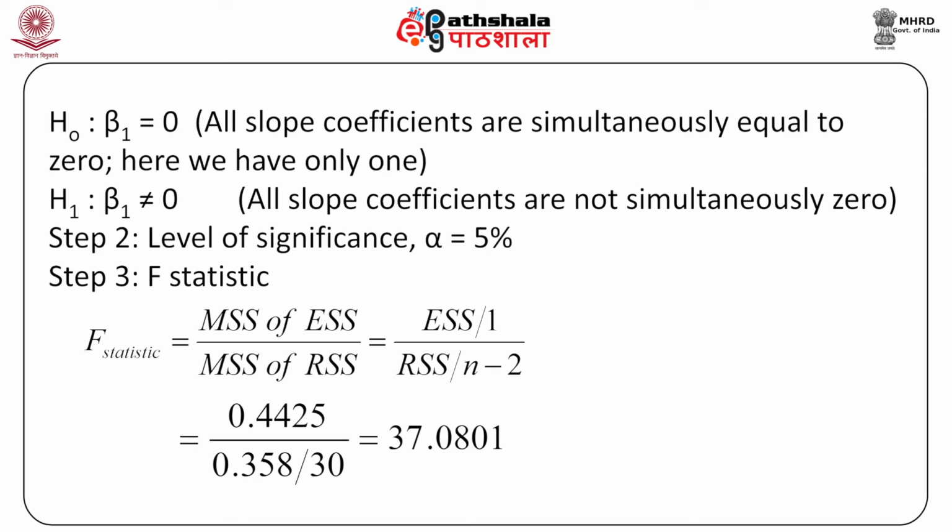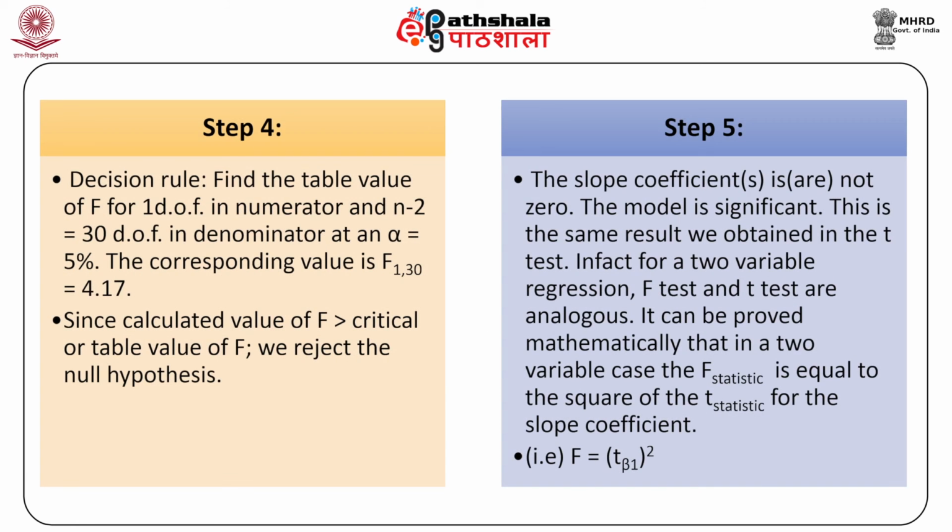F statistic is equal to MSS of ESS upon MSS of RSS. This is equal to ESS/1 upon RSS/(n minus 2). This is equal to 0.4425 upon 0.358/30, which is equal to 37.0801.